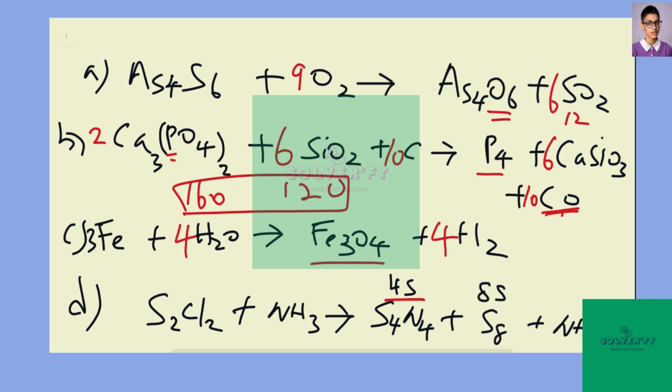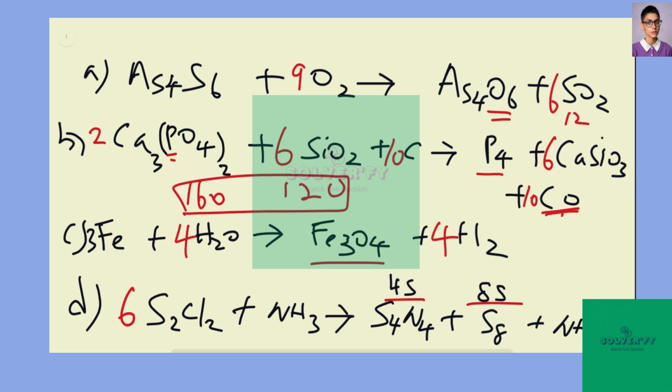So 4 and 8, we will have 12 sulfur. So in order to balance all these to 12 sulfur, maybe we can add 6 in front of S2Cl2, so we have 12 sulfur after all the reaction.